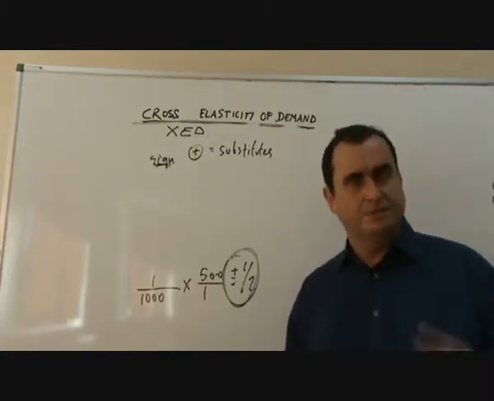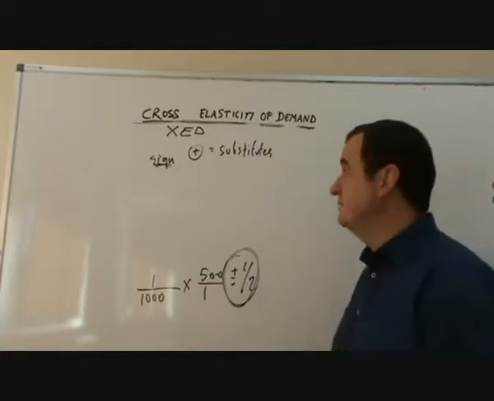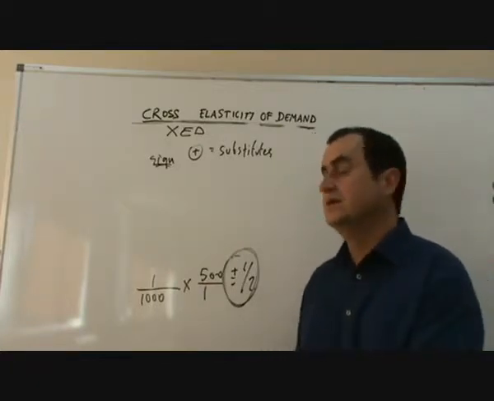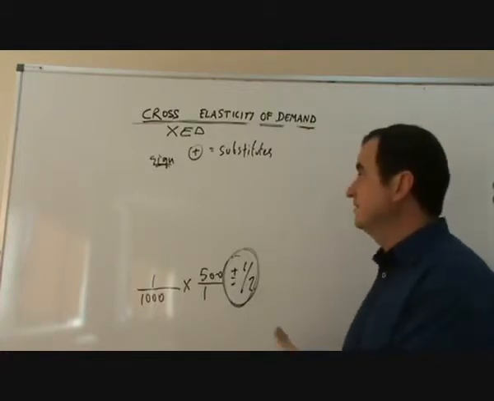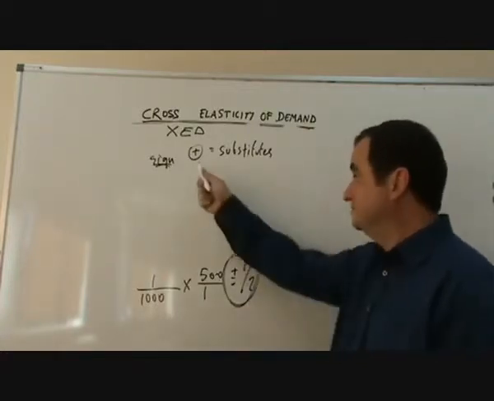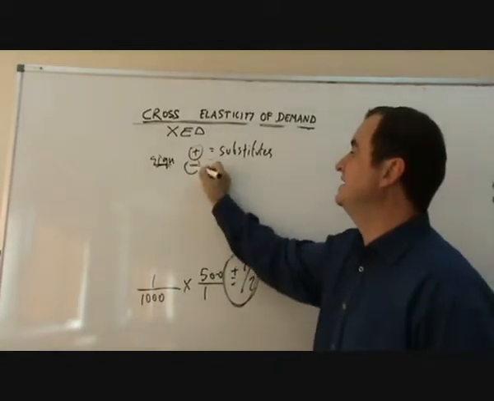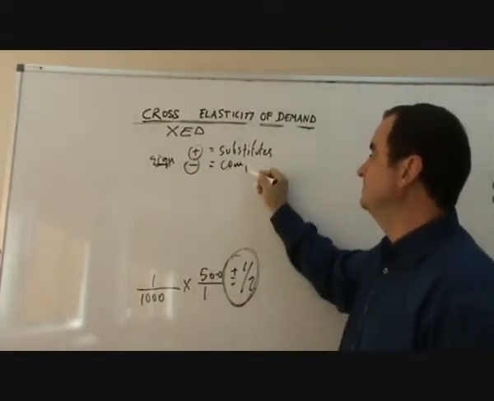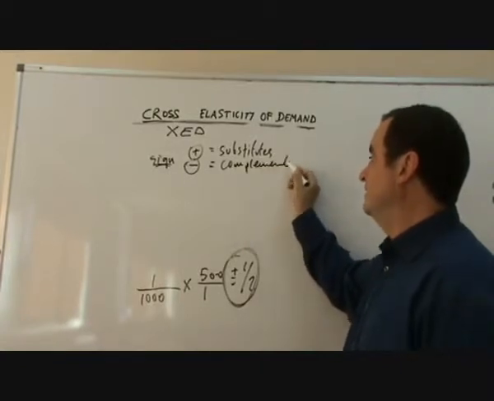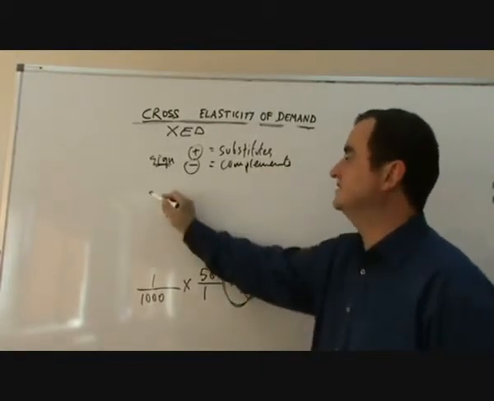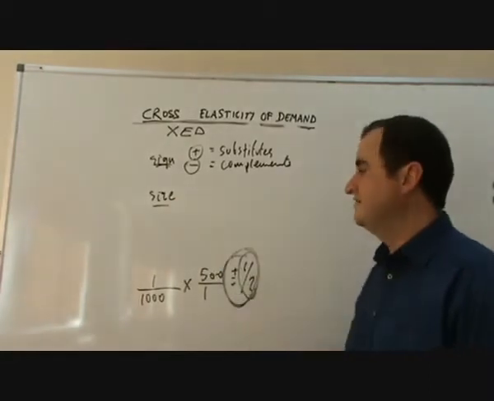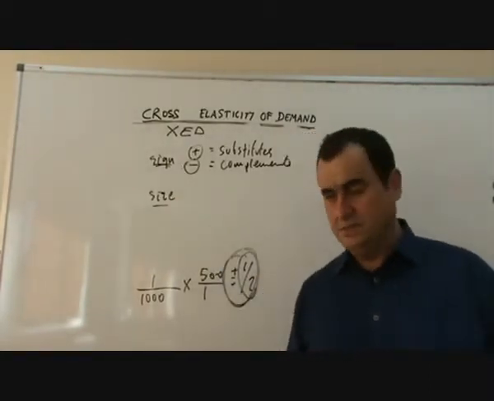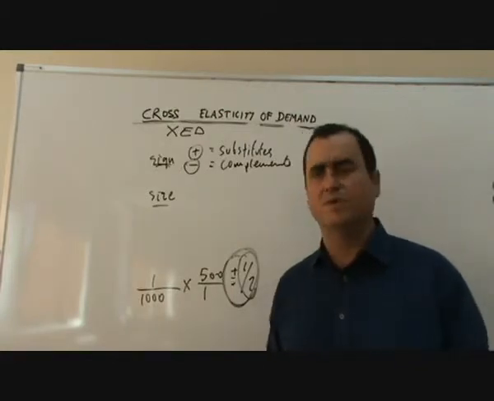But we can't be sure of what's going through people's minds, but we can look at the numbers and we can say when the price of Pepsi rose, there was an increase in the quantity demanded, increasing the demand, of Coke, and it was positive and they are substitutes. If it came out negative, we'd have to conclude that the two goods being studied are complements. Now, the number, that's the size, in this case it's a half. Size, with other elasticities, bigger or smaller than 1 is really important.